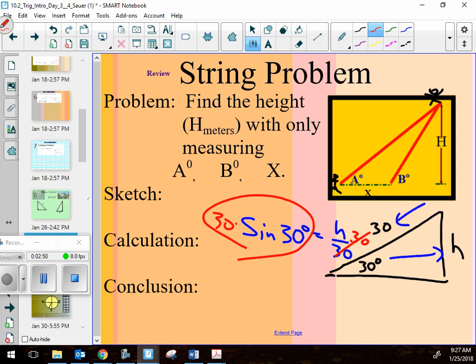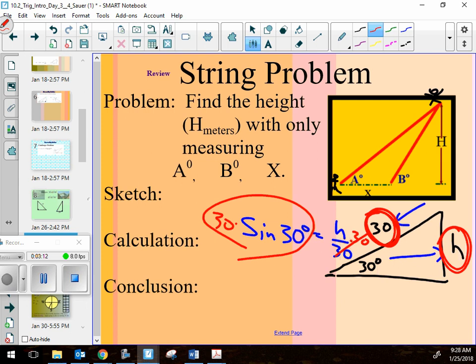But we know these side relationships within a triangle, which would have done this a lot faster. Do you know if this is 30, 60, 90? What's the relationship between this 30 and this h? 2 to 1. And therefore, what's h? 15. Boom, done. See how fast that is? If you know those relationships in 30, 60, 90, you don't have to grab your calculator.